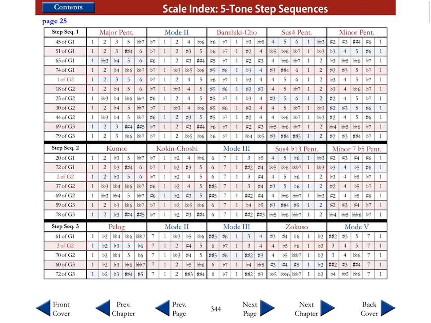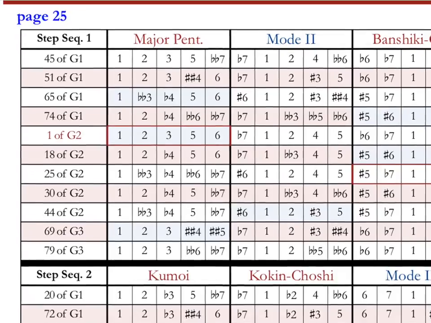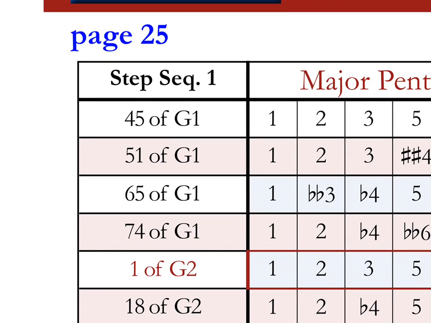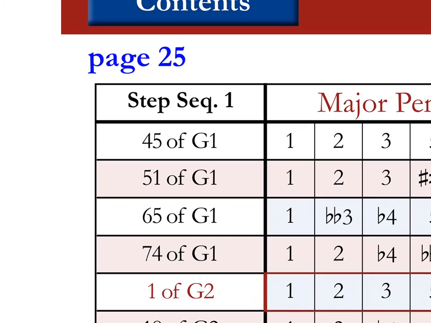And moving on to the 5-tone step sequences, just like in 6-tone step sequences, multiple 5-tone scale systems can fit into the same exact step sequence. In this example here, in step sequence 1 for 5-tone step sequences, we see at the very top here, underneath that, 45 of G1. It means it is the 45th scale system in 5-tone scale systems group 1.